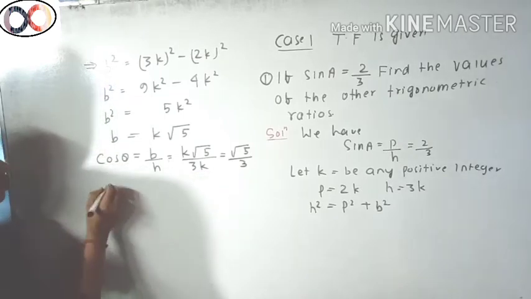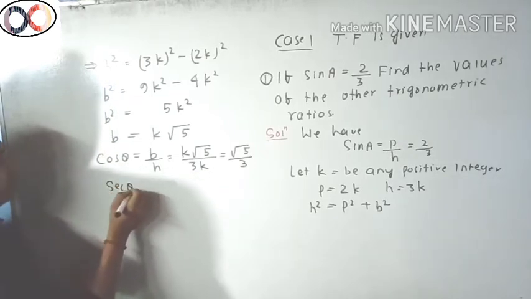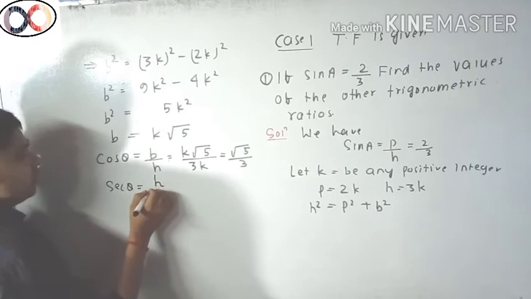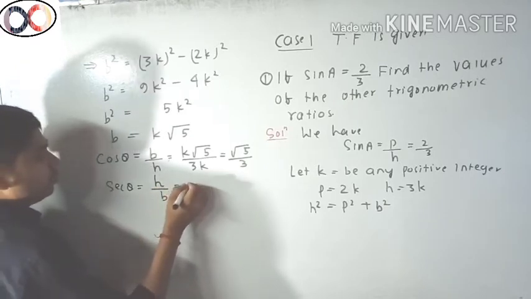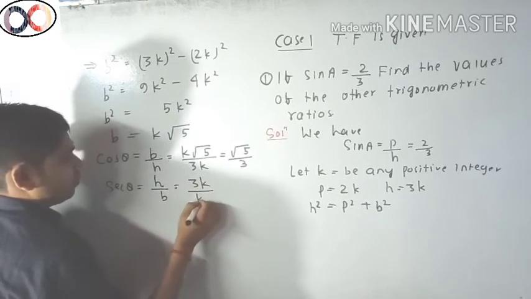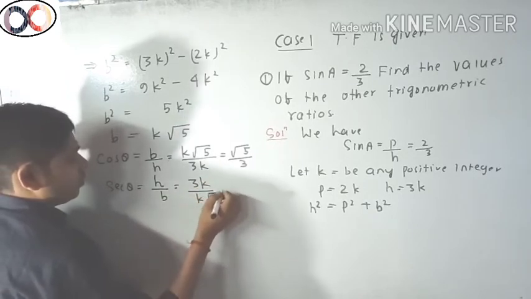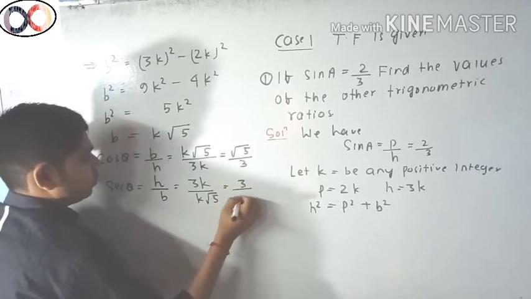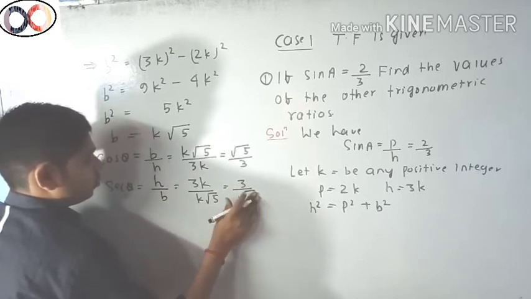Then sec theta is H by B, which is 3K by K root 5.